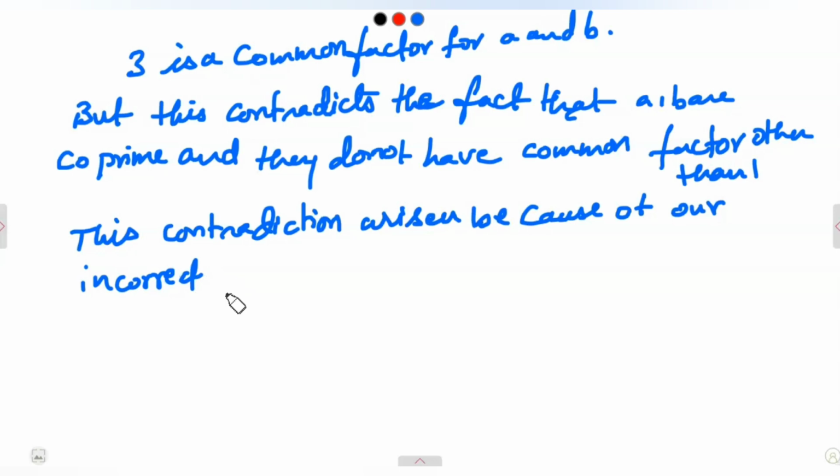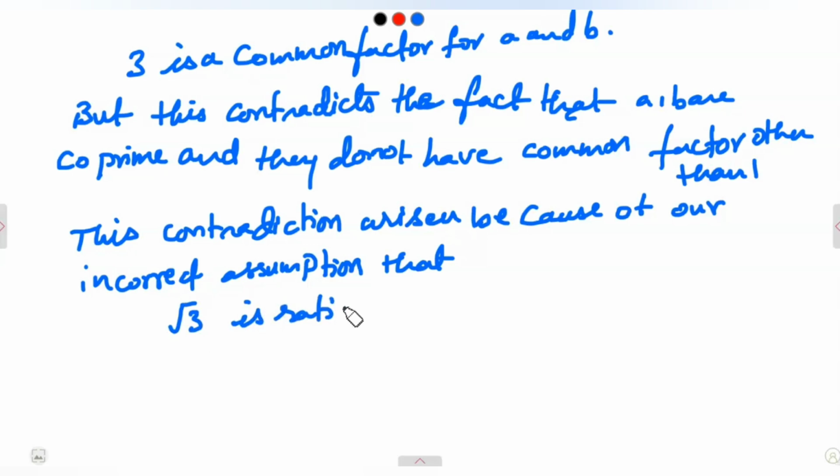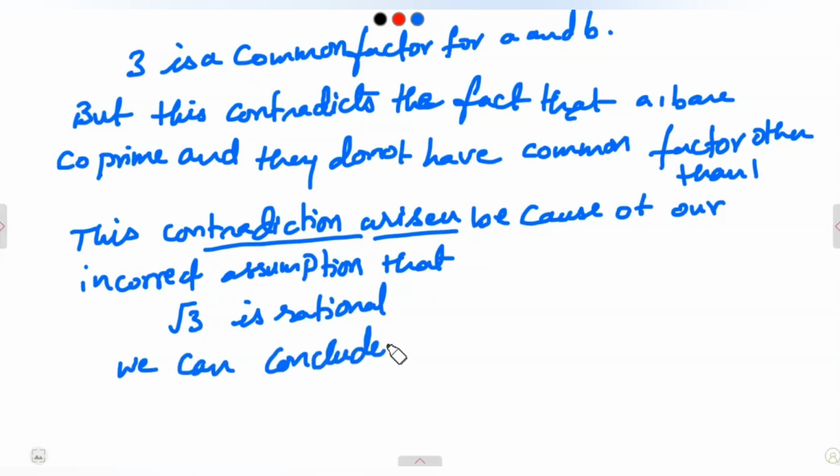We assumed that root 3 is rational. But because this contradiction arose, we can take back our assumption that root 3 is rational and conclude that root 3 is irrational.